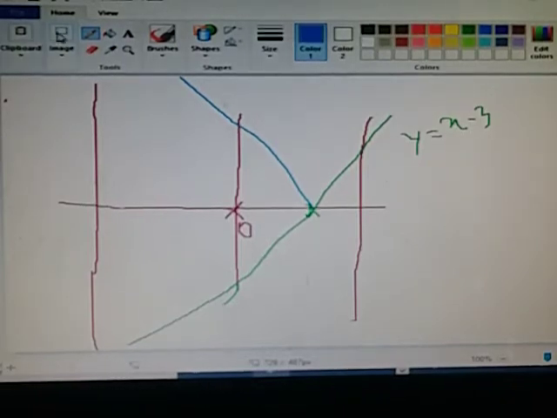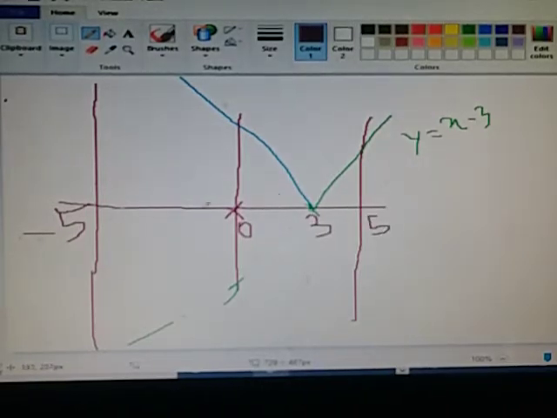You don't need this one, so you erase it. Our domain is from minus 5 to 5. This is 0, this is 3, and this is 5.